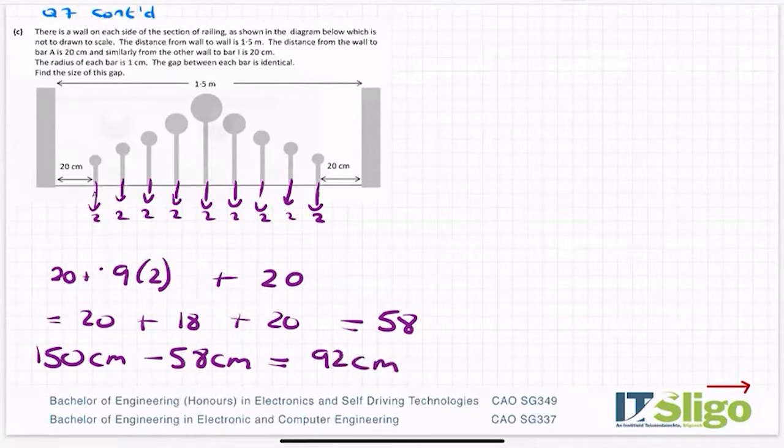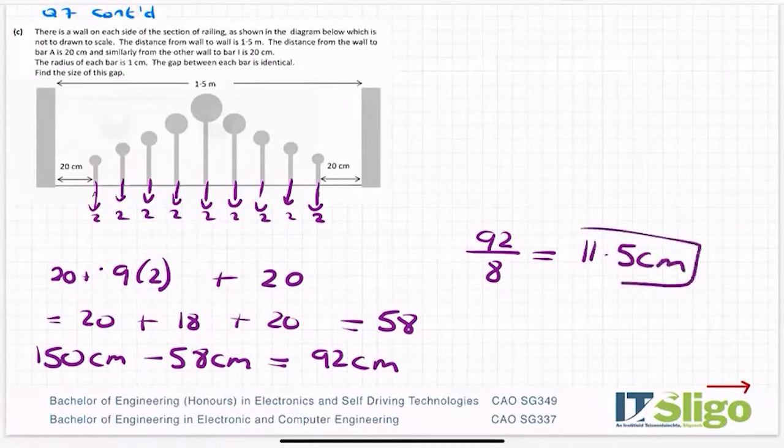Okay, so I have 92 centimeters unaccounted for. I have 1, 2, 3, 4, 5, 6, 7, 8 gaps. 92 divided by 8 is 11.5 centimeters.